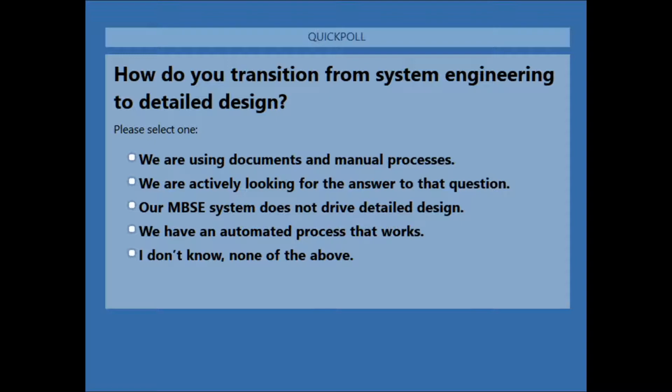Just go ahead and select one of the following. You're using documents and manual processes. You are actively looking for the answer to that question. Your MBSE system does not drive detailed design, or perhaps you have an automated process that's already working for you, or you don't know. None of the above. Take just a moment, tick one of those boxes for us.